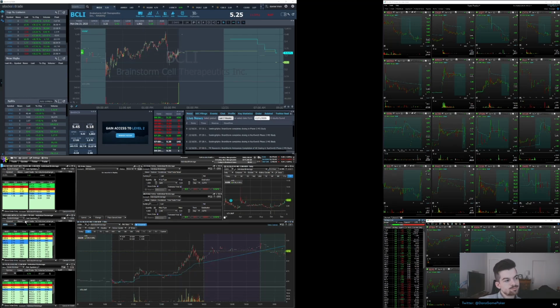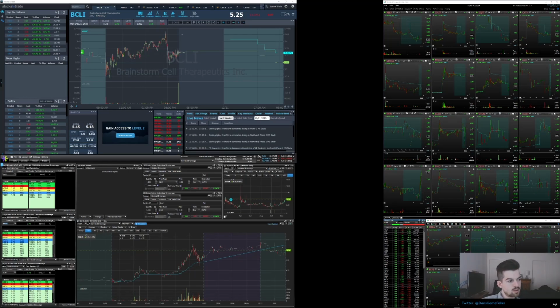Alright, so I've got my E-Trade on my main monitor, right above stocks to trade. To the far right, I got TC2000, 22 charts or so, with the E-Trade watch list in the bottom.